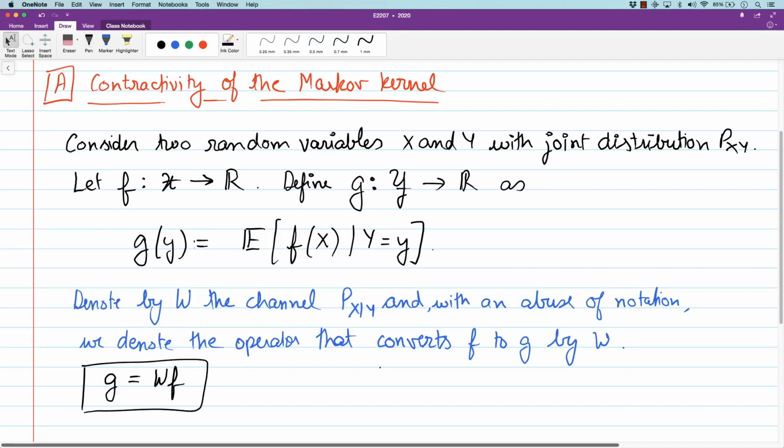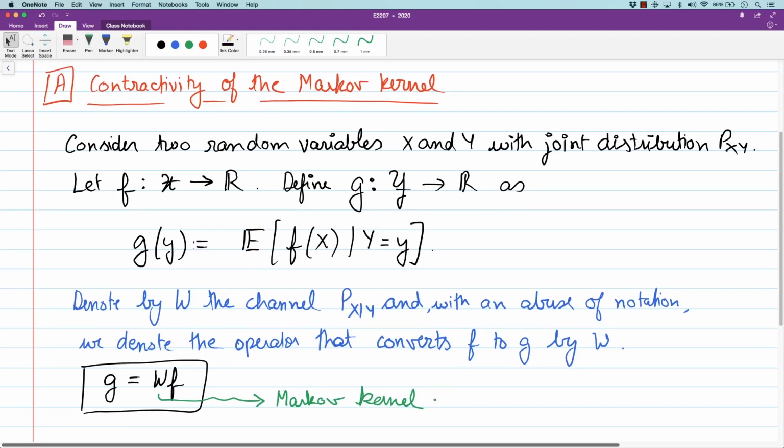So that's the mapping. This operator W is called the Markov kernel, and we will show that this Markov kernel is actually a contraction.